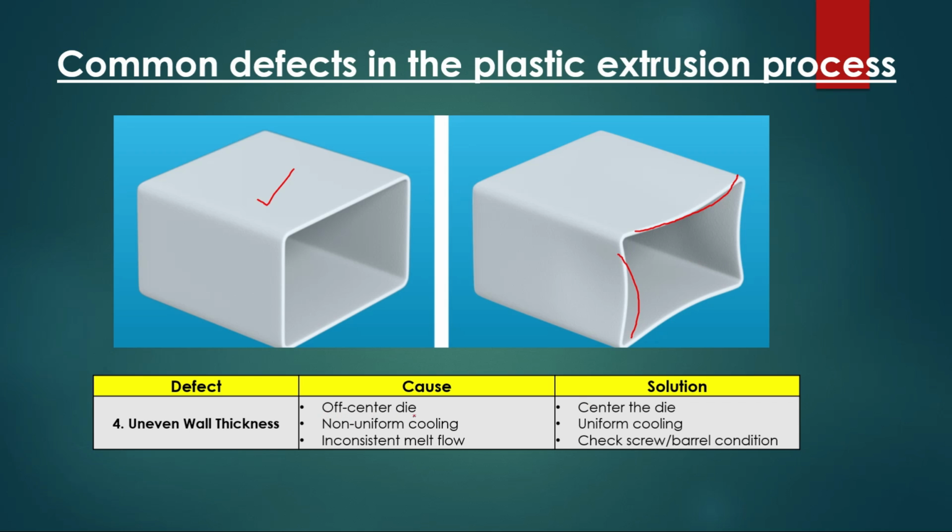Sometimes it is an off-center die, and because of that this defect will come, so we need to properly center the die. Inconsistent melt flow also causes this defect.